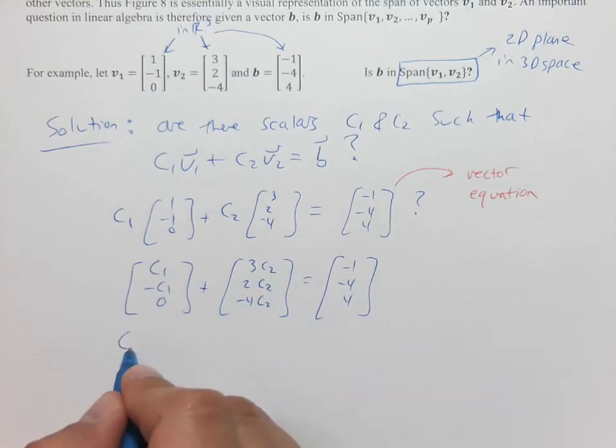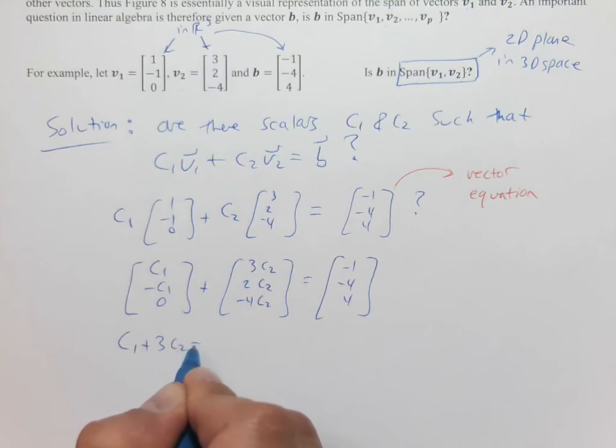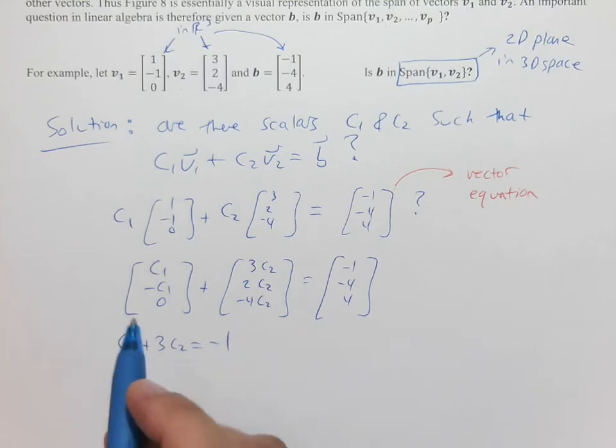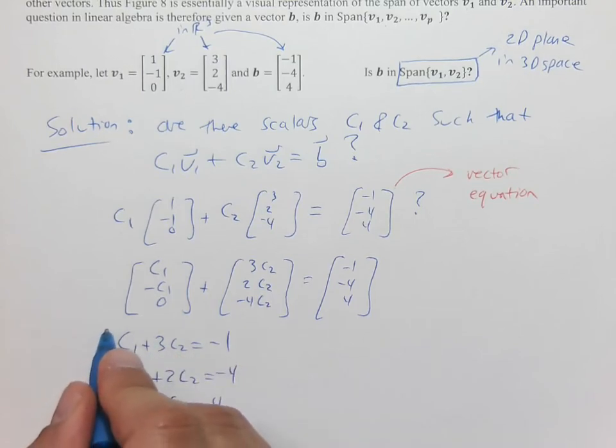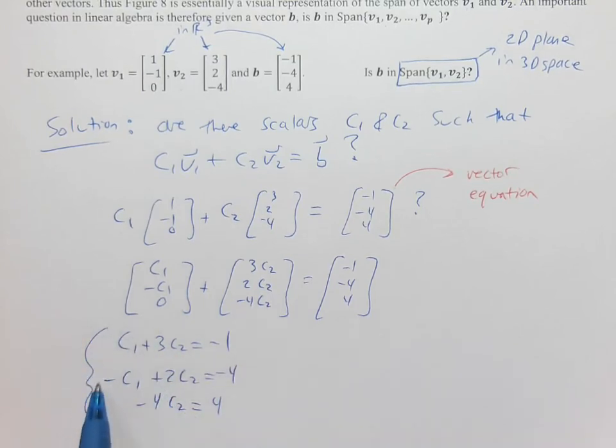That's the first equation. The second equation says minus C1 plus 2C2 equals -4. The third equation, or the third row here, says 0C1, so I'm just not going to write that. It just says -4C2 equals 4. I'm going to put these curly braces around it to show that it's a linear system. In other words, the C1 and C2 that satisfy the first equation also have to satisfy the second and third.